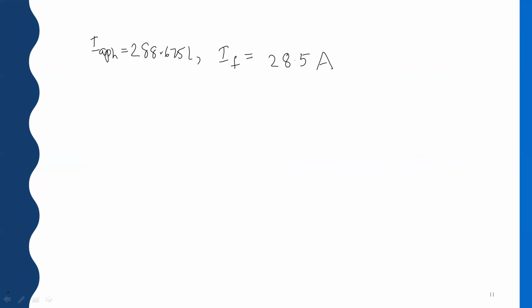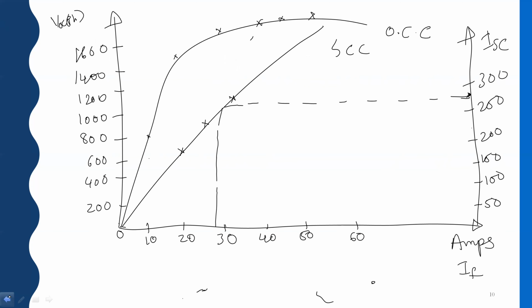Now, from which graph did I get this? From my SCC graph. Now let me go to the OCC graph. I will go back again, and for IF 28.5, I will extend this upwards and take it.